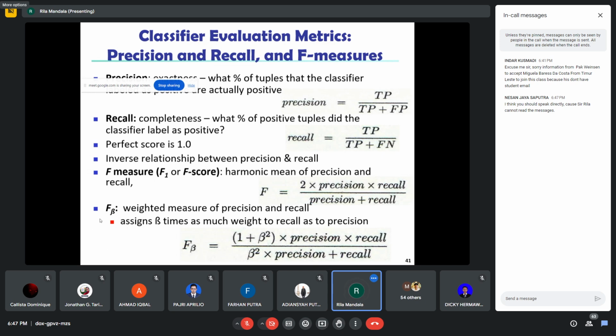This is called the weighted measure of precision and recall. So that's all the performance evaluation metrics for a classifier.